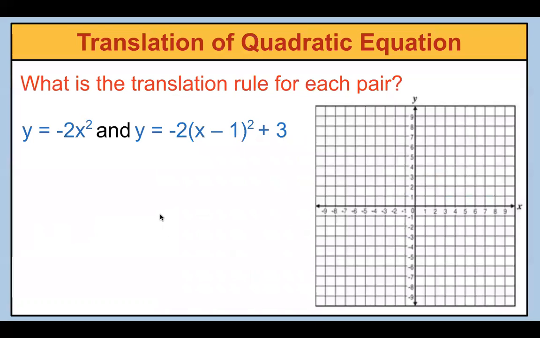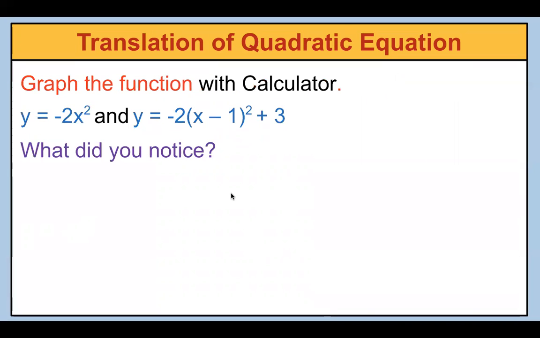So you are going to draw these two graphs, but this one we have y equal negative 2x squared. By translating, you will get this function, y equal negative 2, in the parentheses, x minus 1 squared plus 3. We call this the vertex form of the quadratic equation. Why vertex form? Because if you see this, you can find the vertex immediately.